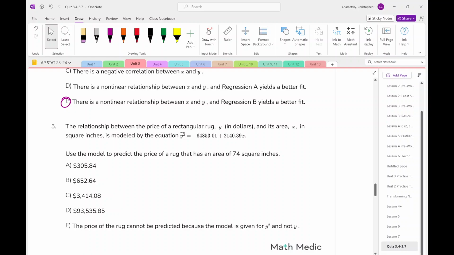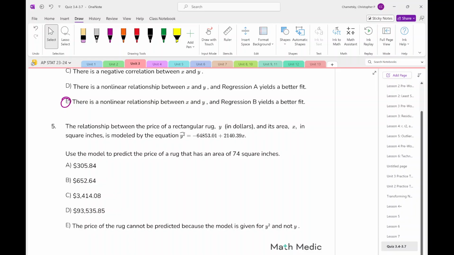Okay. The relationship between the price of a rectangular rug y in dollars and its area x in square inches is modeled by the equation y squared hat equals negative 64,853.01 plus 2,140.39 x. Use the model to predict the price of a rug that has 74 square inches.